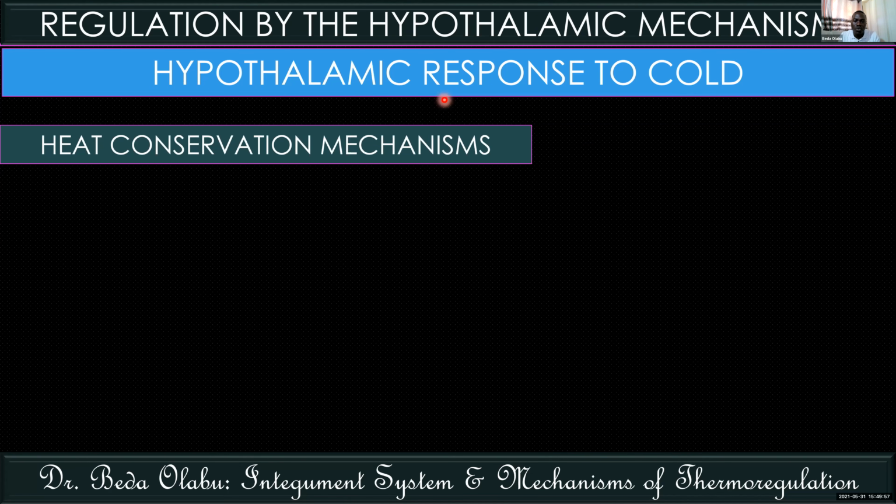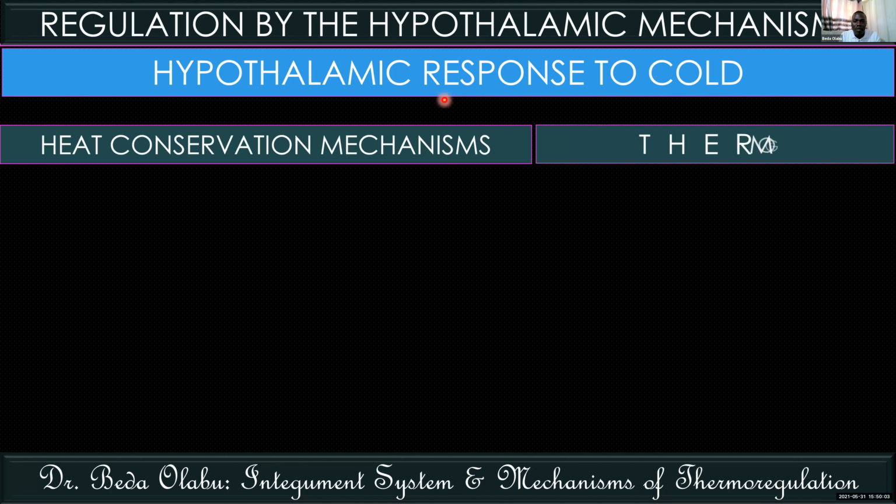Those are heat conservation mechanisms. Other than that, the hypothalamus will also initiate mechanisms that help you to generate extra heat. Those are mechanisms of heat gain, mechanisms of thermogenesis. These 2 broad umbrellas of mechanisms operate using those 5 target organs.